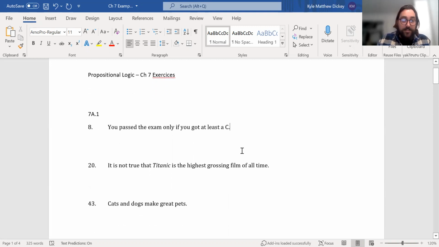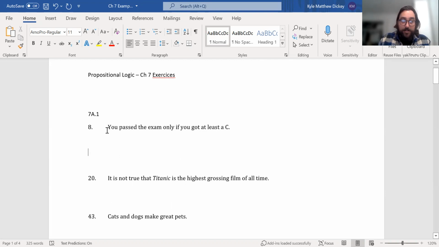So let's start. This is 7A number 1, part 1. I'm just going to go through each of these. Basically what we're supposed to do in the first section here is symbolize these different statements. So what you should do here is see, okay, the statement is: you pass the exam only if you got at least a C. Now take that statement.